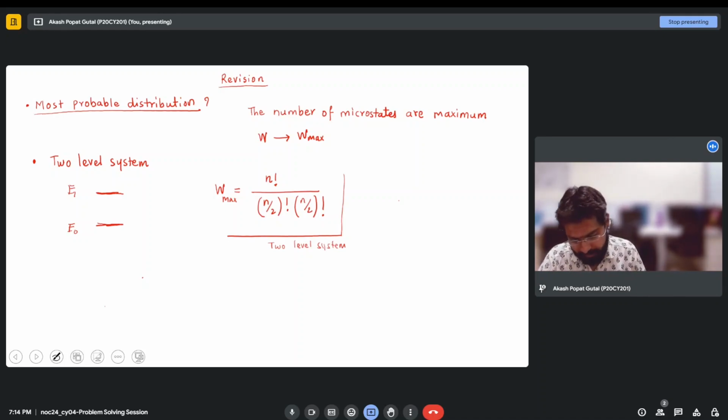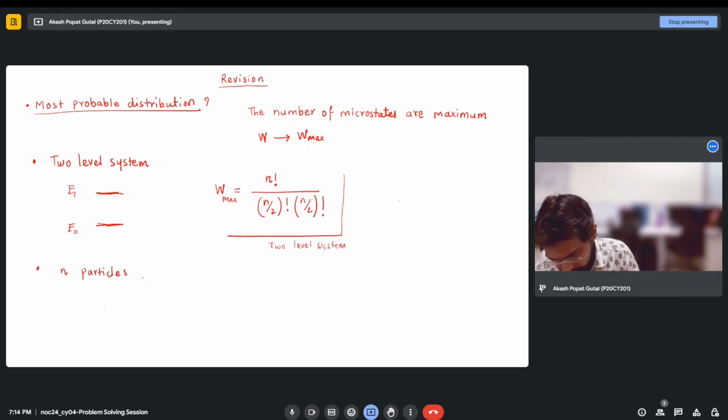Then, suppose we are having n particles distributed in r levels.